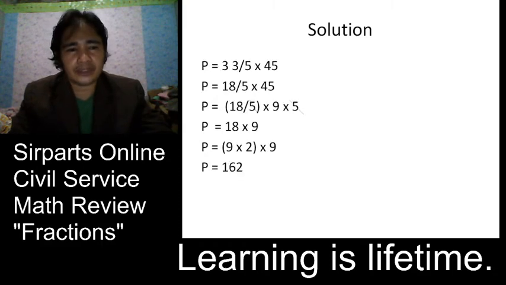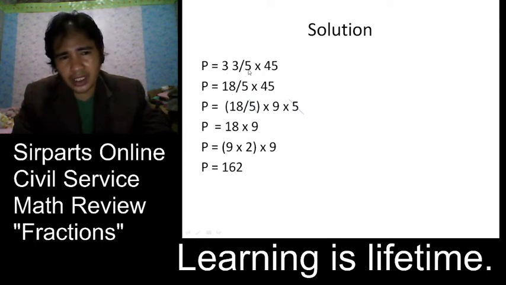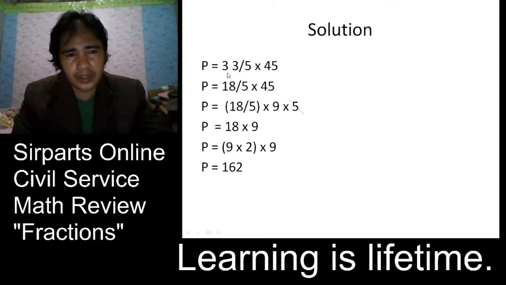Okay, next. 3 3/5 times 45. So what we will do is we're going to make this into an improper fraction.